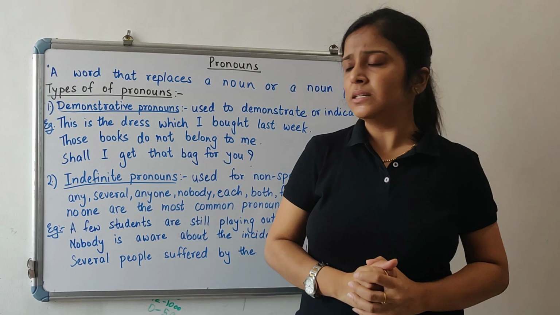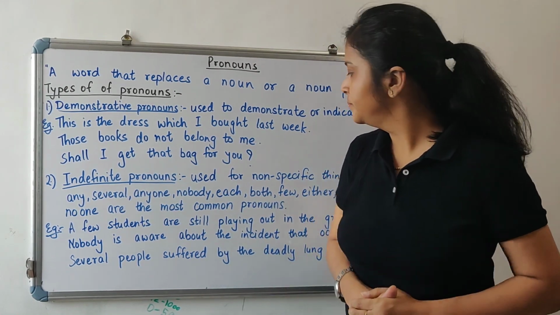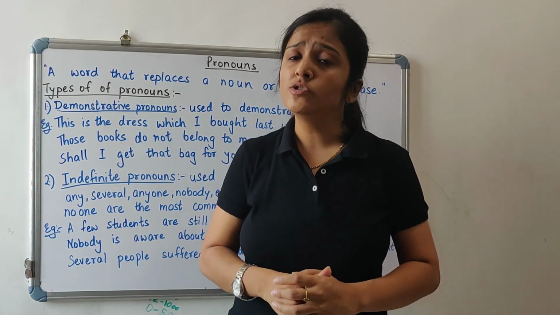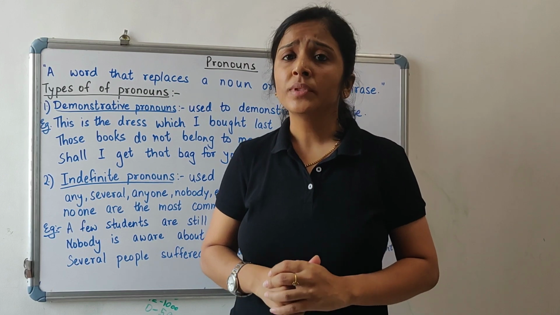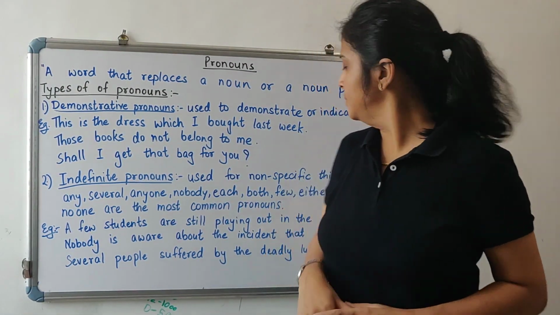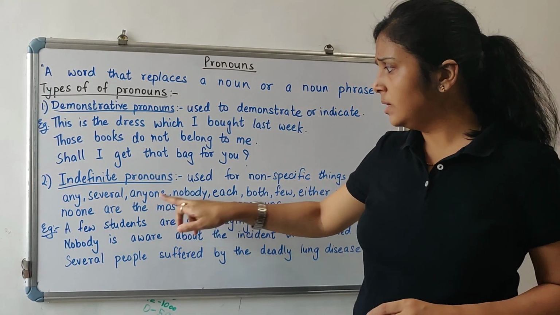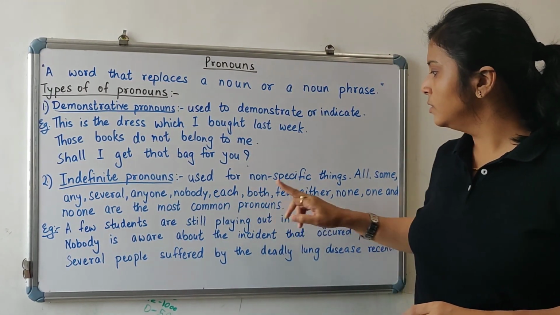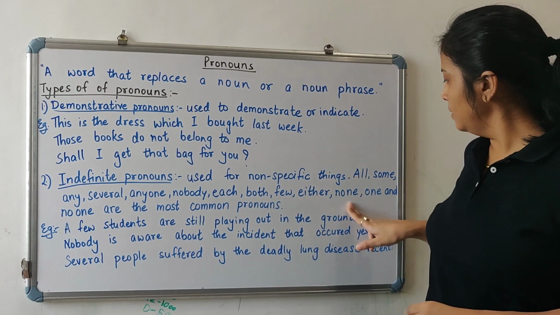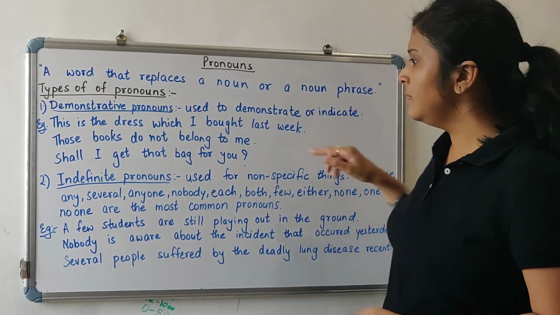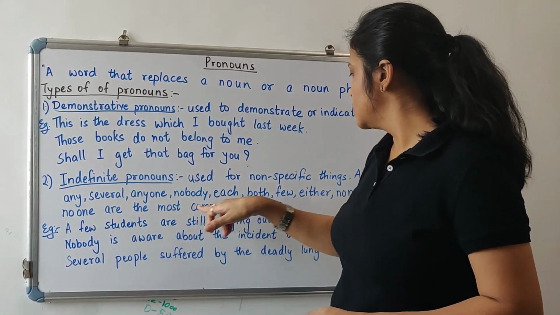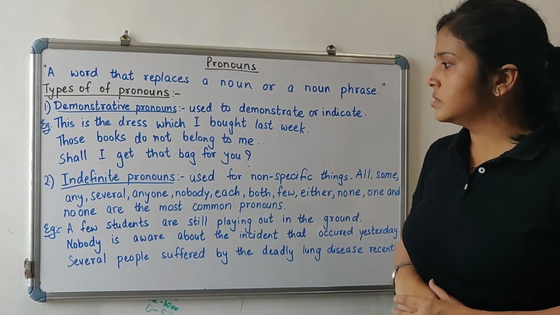Next one, let's take the indefinite pronouns. Indefinite pronouns are used for non-specific things. They are used as all, some, any, several, anyone, nobody, each, both, few, either, none, one and no one are the most common pronouns.